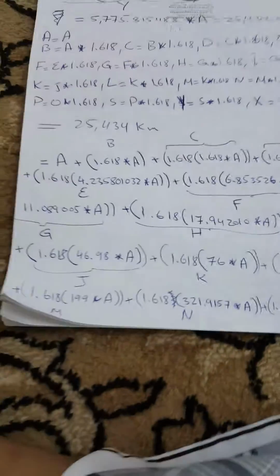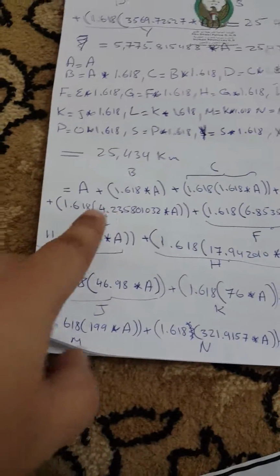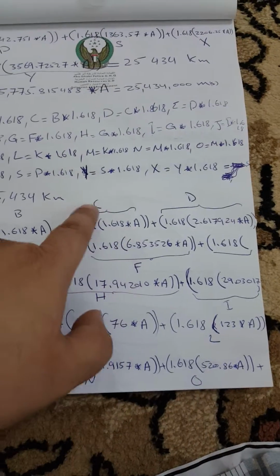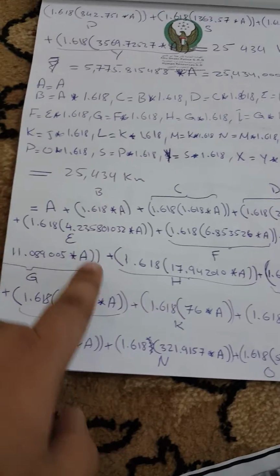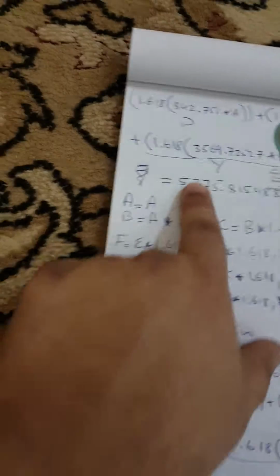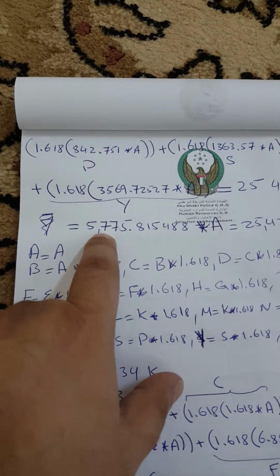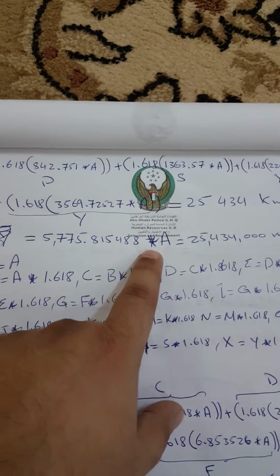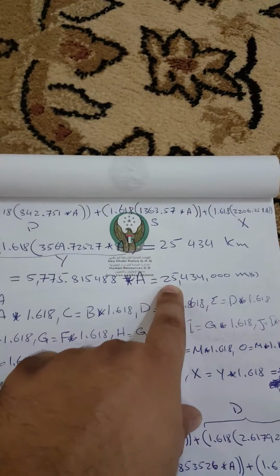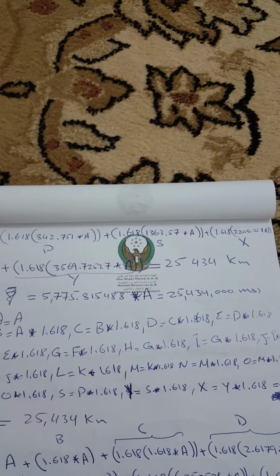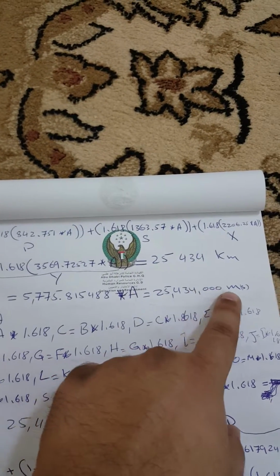And then I did the calculation down. I compensated on each one, and I give you why is this, why is that. But I think I made a mistake in the middle, because I finally reached Y is 5,775 point something, multiplied by A, which equals 25,434 thousand in meters.